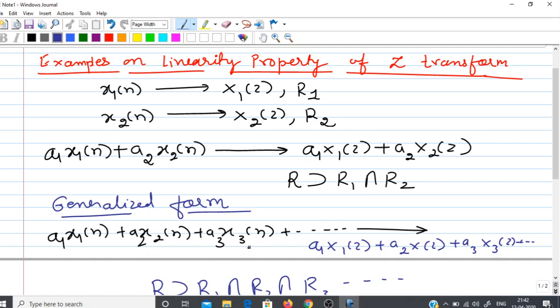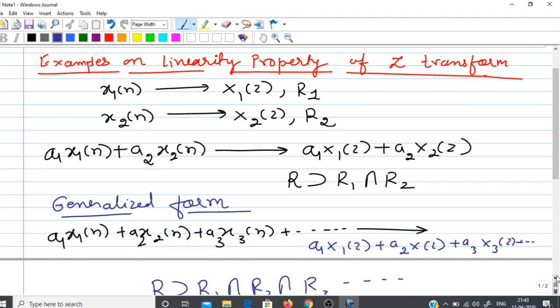What would be the Z transform of this linear combination of n sequences? It would be the linear combination of the Z transforms of these sequences, that is a1 X1(z) plus a2 X2(z) plus a3 X3(z) and so on.